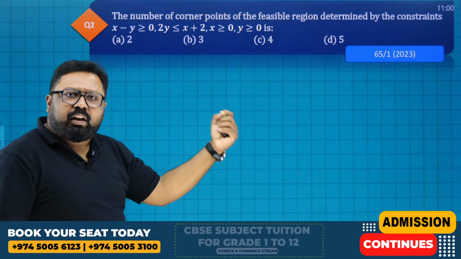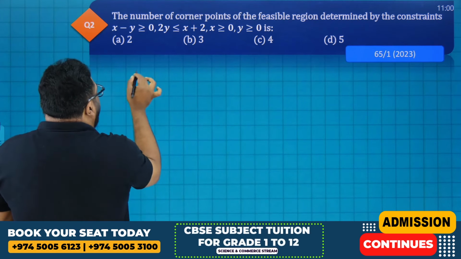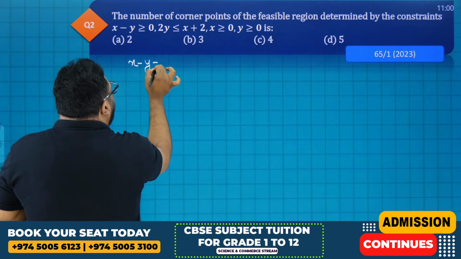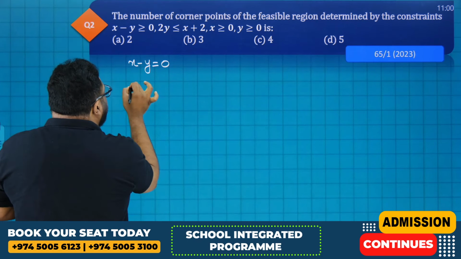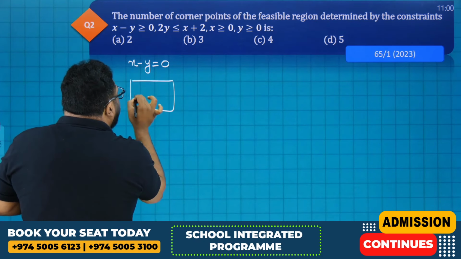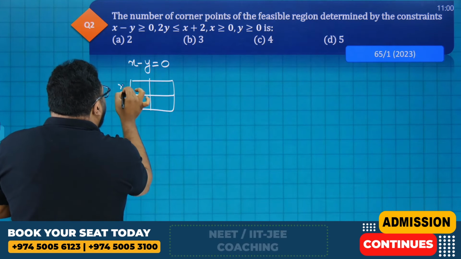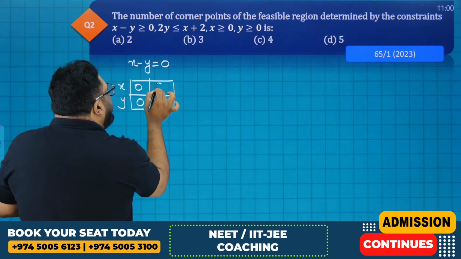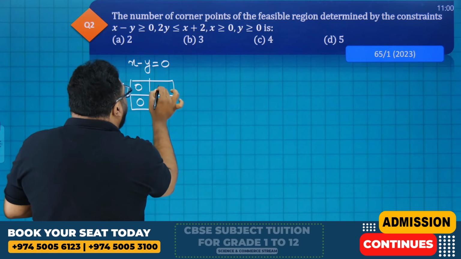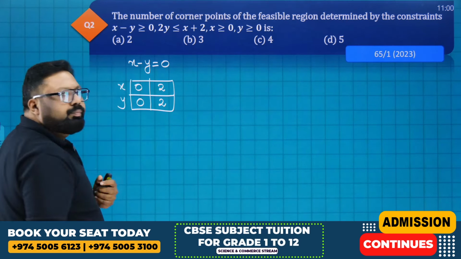Now you just need to draw the graph here, my dears. x minus y equal to 0 is a straight line that passes through x equal to 0, y equal to 0. Then the next point could be anywhere, like say (2, 2).